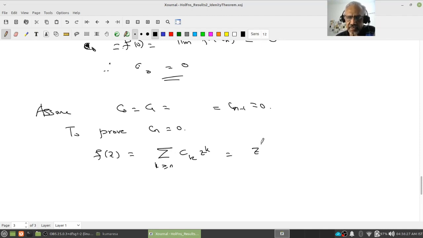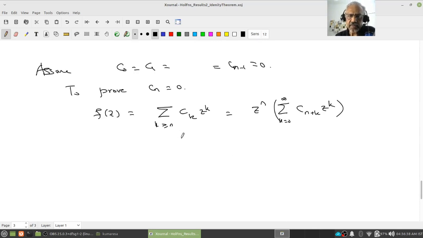Therefore I can write it as z^n times the summation over k from 0 to infinity of C(n+k) z^k. I will write this as z^n times g(z), where g(z) is this object.